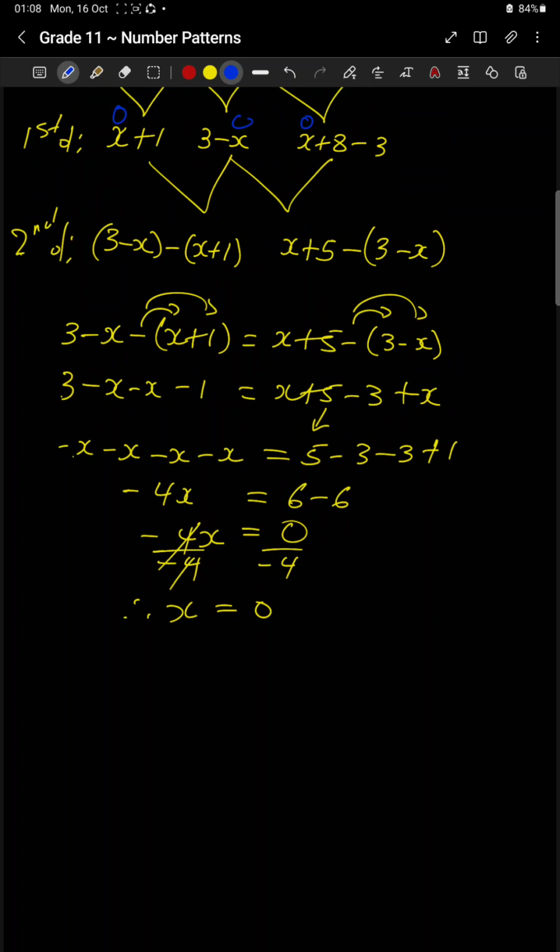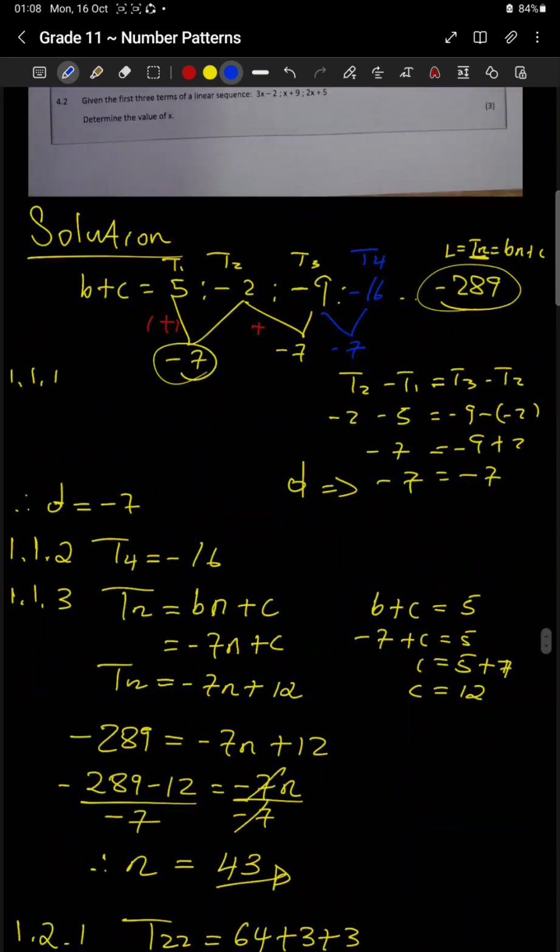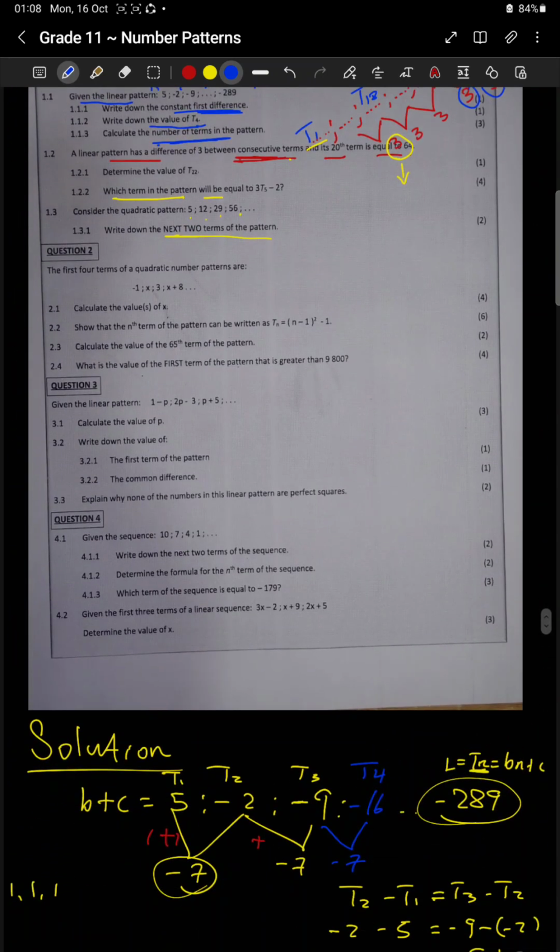Going to the next one. So the next question, we are required to, let me just check this one, show that the nth term of the pattern can be written as this one.